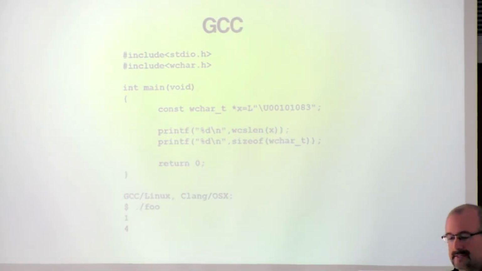So on GCC Linux, playing OS X, you run the program and it says that the length of the string is 1, which makes sense if it was UTF-32: 1 code unit being displayed here, and a 4 byte wide character. So that's basically informational.